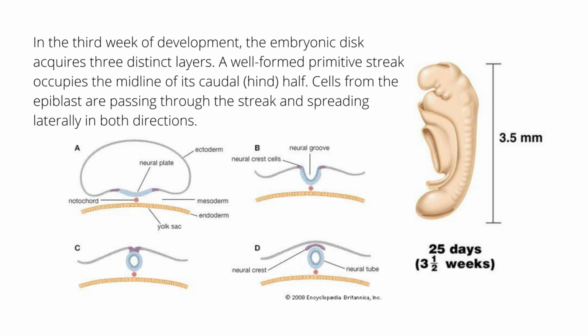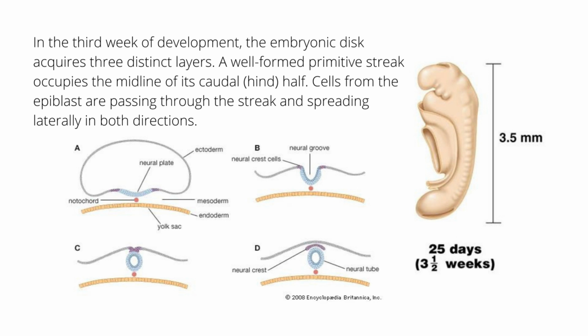Cells from the epiblast are passing through the streak and spreading laterally in both directions beneath the uppermost layer, which is now called the ectoderm. In this way, the embryonic disc acquires three distinctive layers. The gastrula stage of development comes to an end.